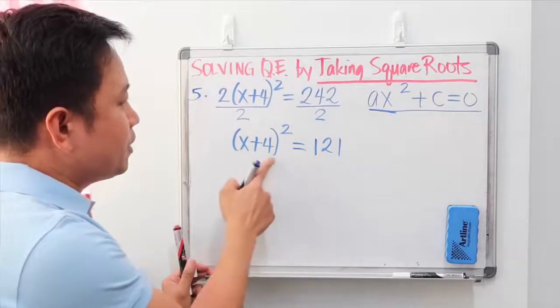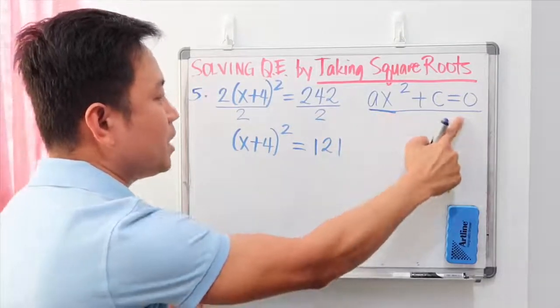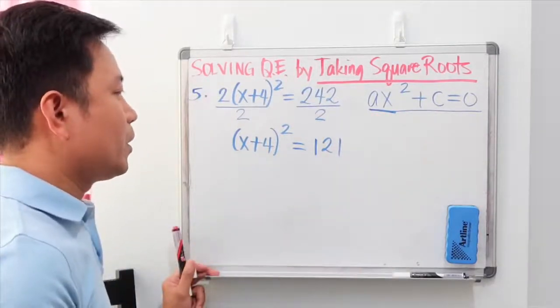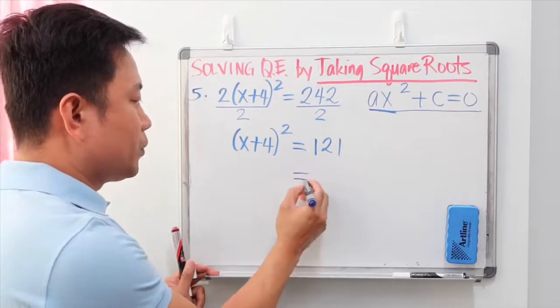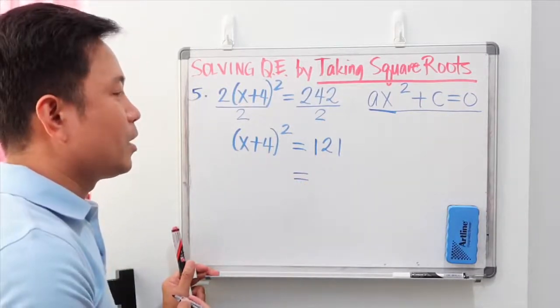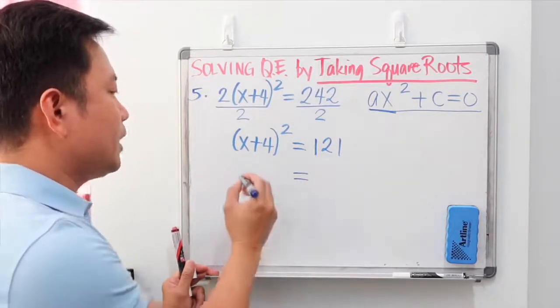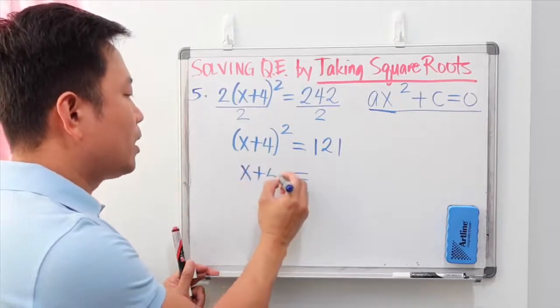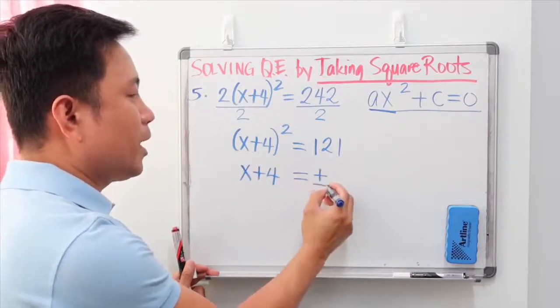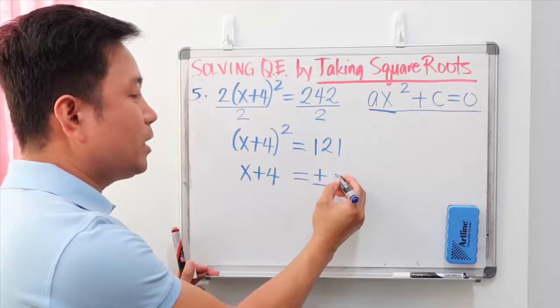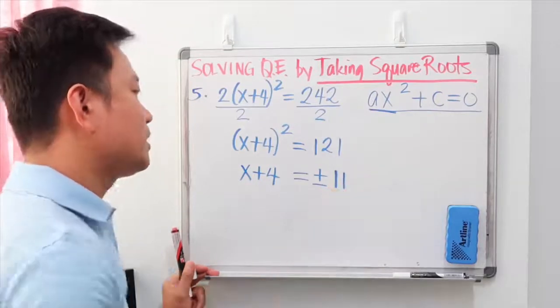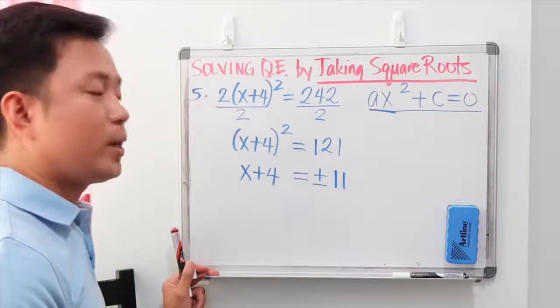Now, this is in the format ax squared plus c is equal to 0. So we're ready to get the square root of both sides. When we get the square root of both sides, we have x plus 4 is equal to plus or minus square root of 121, which is 11, because 11 squared will give you 121.